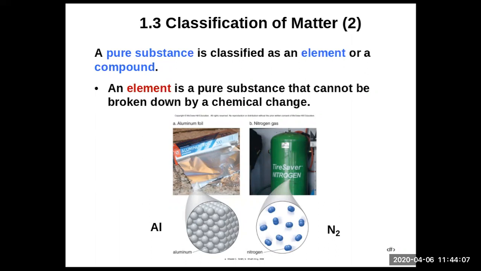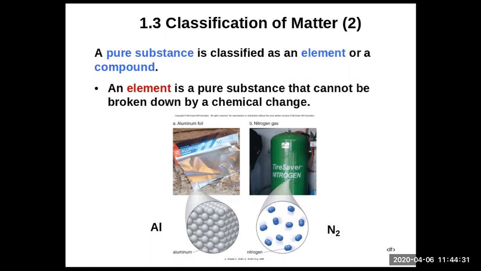Elements are pure substances that cannot be broken down by a chemical change. So elements are all found in the periodic table. If you are familiar with the periodic table, and you will be, all the elements are listed in there.